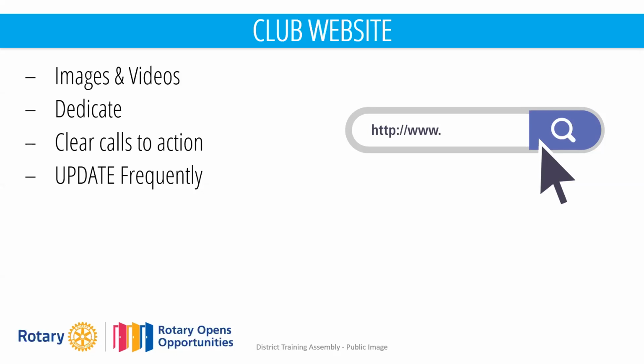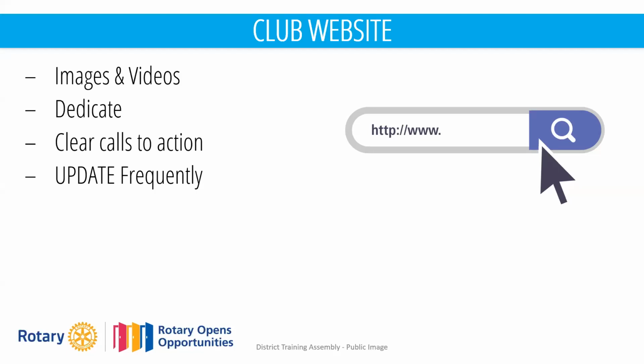Ask your club members to help. Your membership base is a valuable resource for your team. Involve members and past program participants in your public image efforts by having them spread the word about Rotary and your club's activities. Make sure all members are knowledgeable about Rotary and its programs and encourage them to promote our mission and core values to their personal, business, and professional contacts.